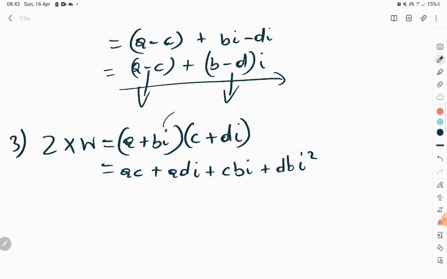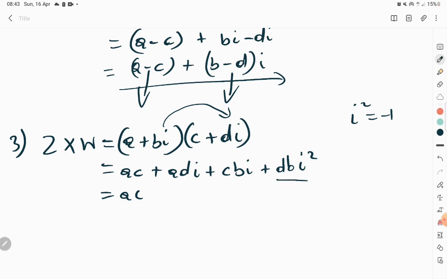When you multiply these, we get something of that kind. If we take the real parts and imaginary parts alone, we have ac. Let's talk about dbi squared. This is really a real part of our solution, because you still remember that i squared is equal to -1.